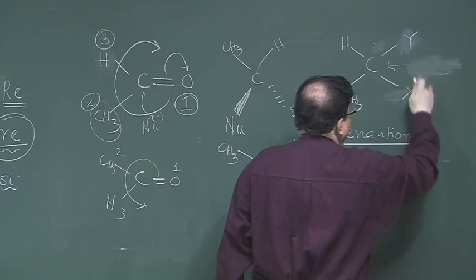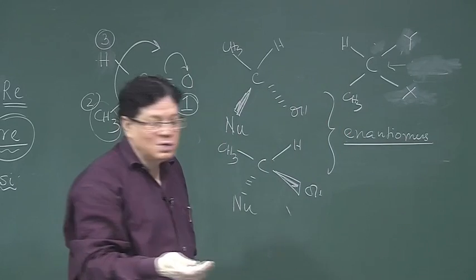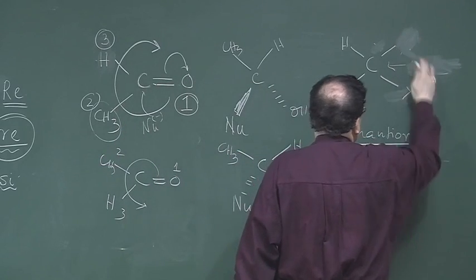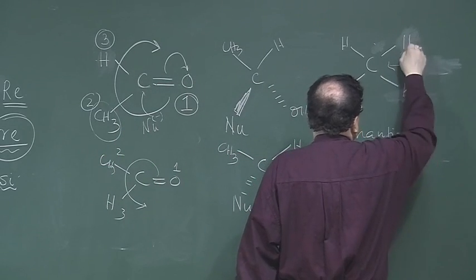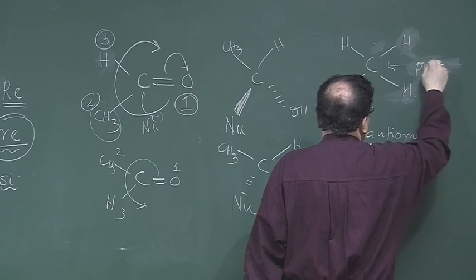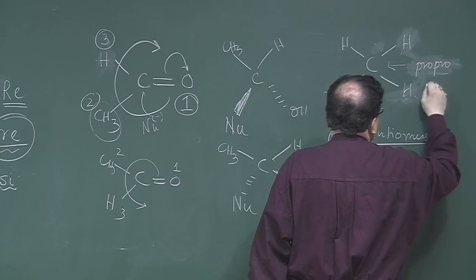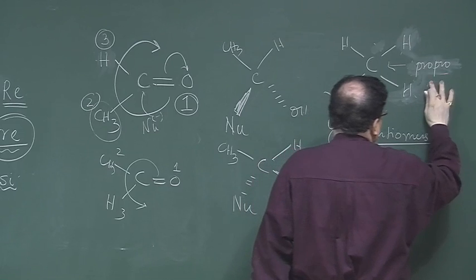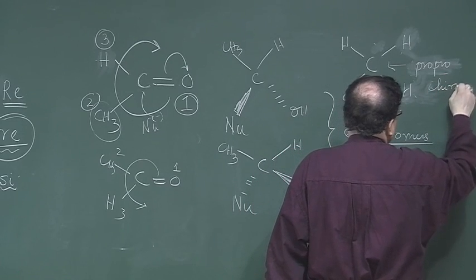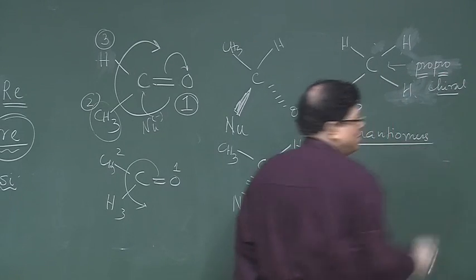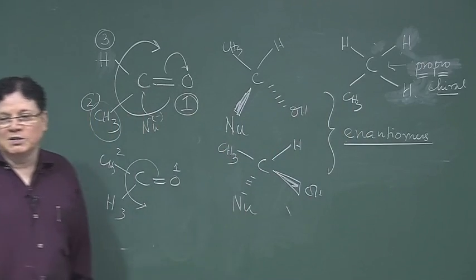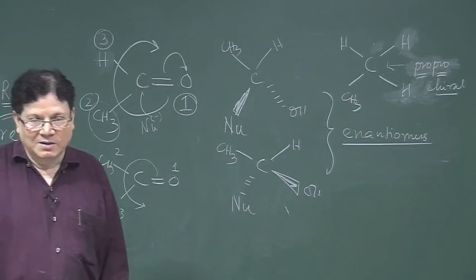So there are two transformations needed. When you have all these hydrogens, this is called a pro-pro-chiral center. There are two pros because you need two transformations to convert it into the chiral center.